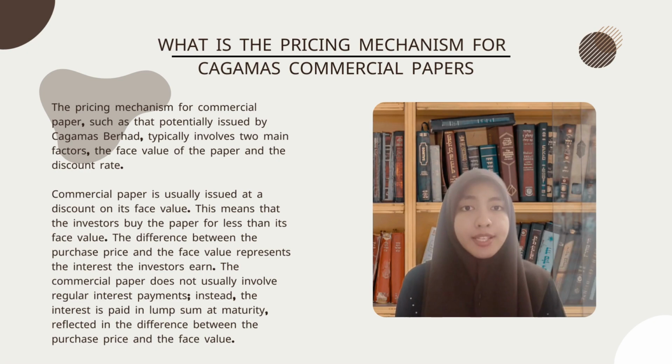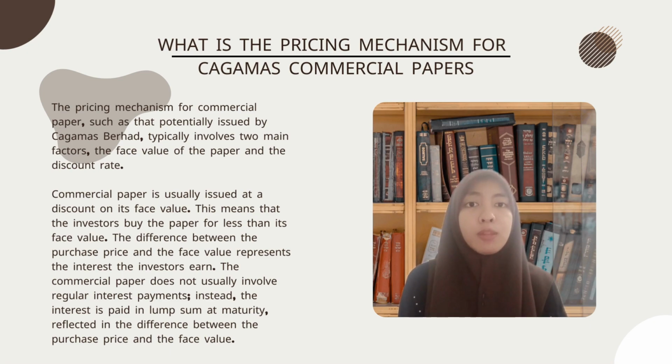What is the pricing mechanism for Cagamas commercial papers? The pricing mechanism for commercial papers such as those potentially issued by Cagamas Berhad typically involves two main factors: the face value of the paper and the discount rate. Commercial paper is usually issued at a discount on its face value. This means that the investor buys the paper for less than its face value.